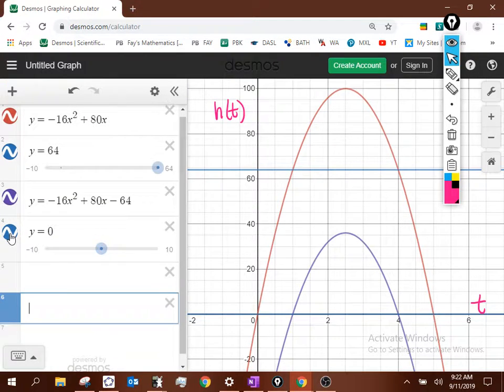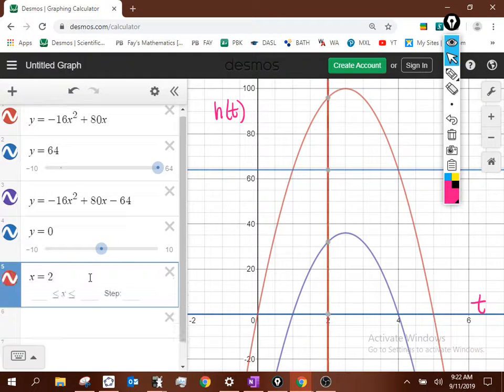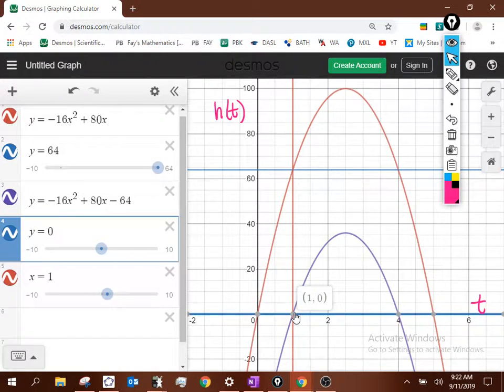Okay, so let's change this. Can you guys see that this is highlighting the x-axis? I can't really tell, but if I put the line x equals 1, which was the answer, do you see how this curve here and that curve there intersect still at 1?